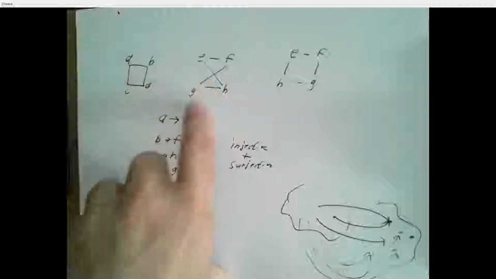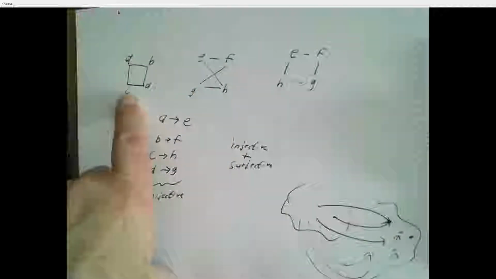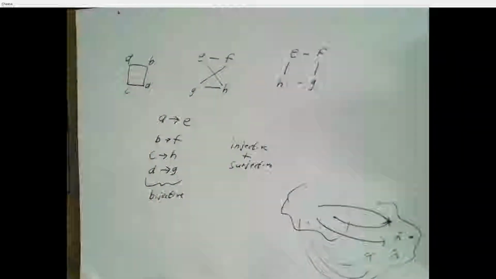And surjective means that every vertex here must be associated with some vertex in your original graph. So it's a one-to-one correspondence, basically. And if you can find this one-to-one correspondence that preserves adjacency, then we have an isomorphism.